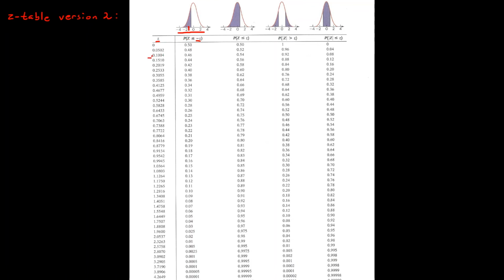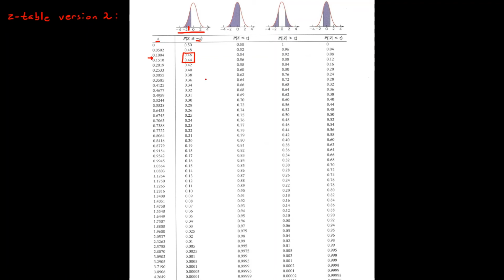It would be somewhere in the middle, and you would find that the probability is between these numbers. So the previous version of the z-table is more fine-grained and detailed.